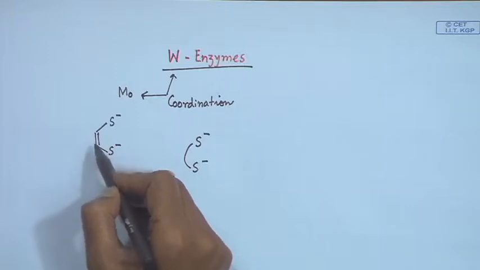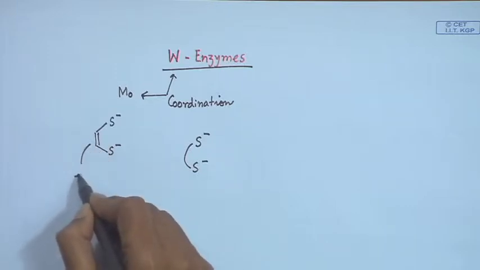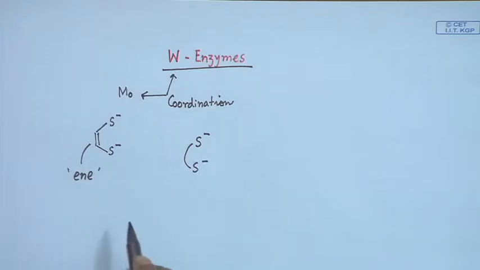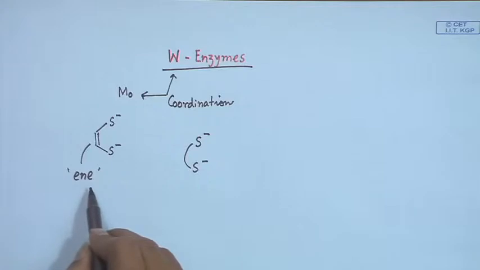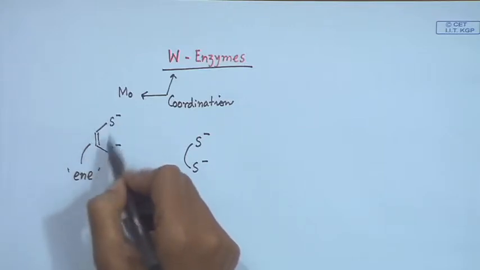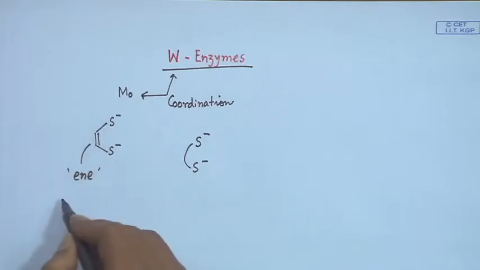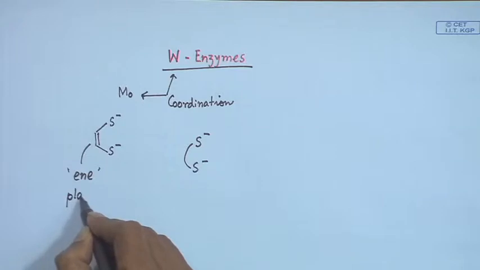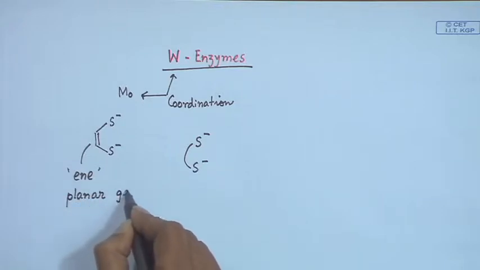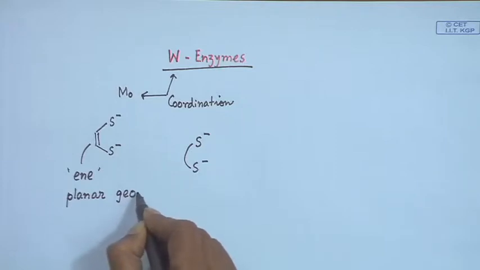And in this particular backbone, we are having the ene backbone also. So, if this backbone is there, it gives us a very stable planar geometry. So, this backbone is responsible for giving us a planar geometry, which is also needed.